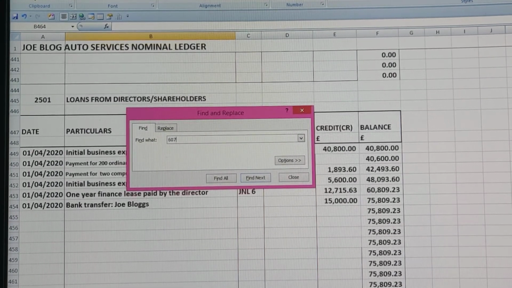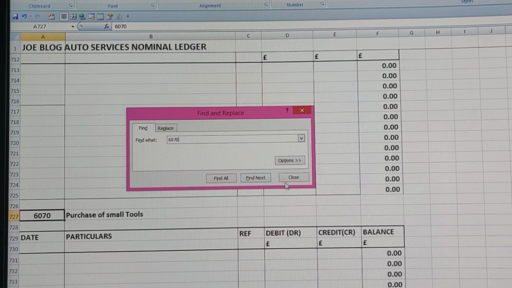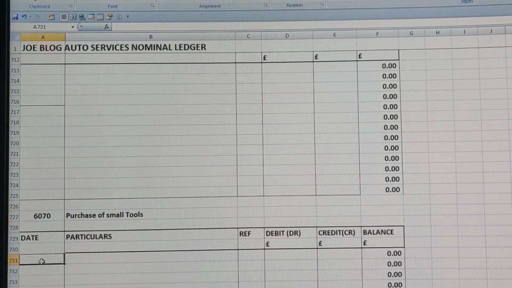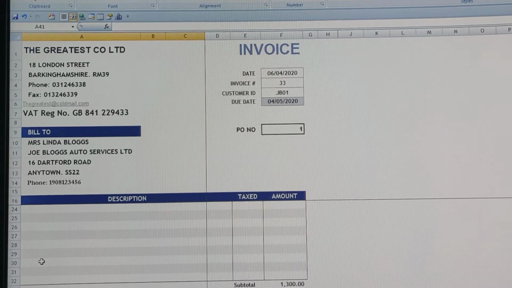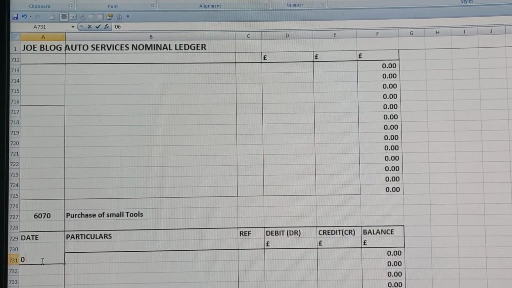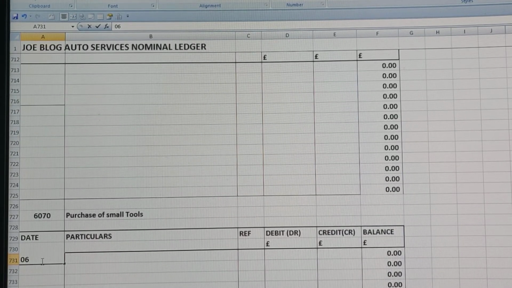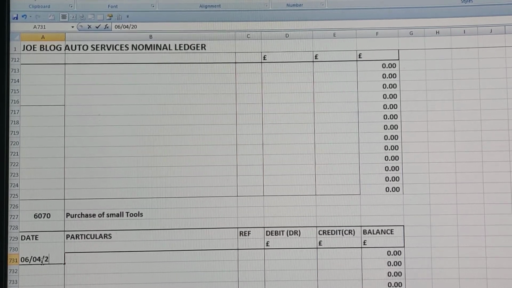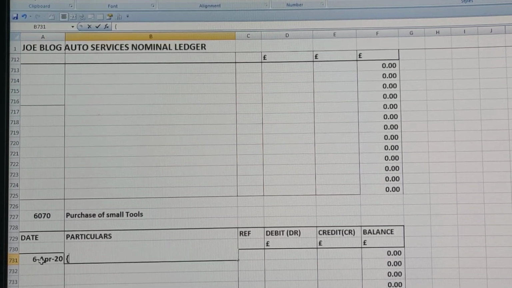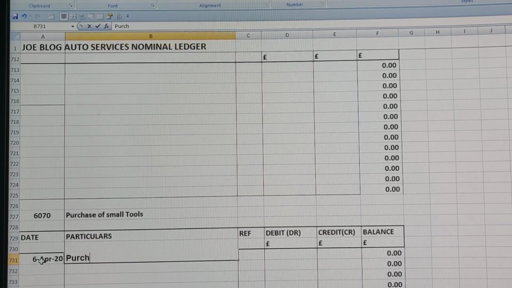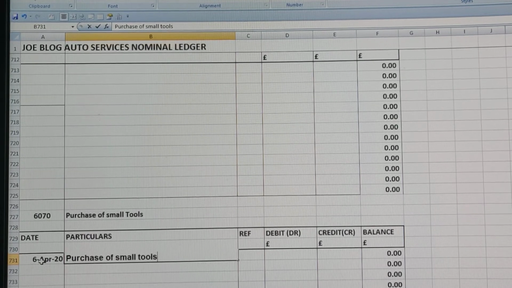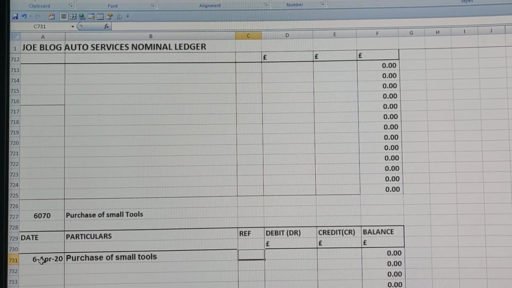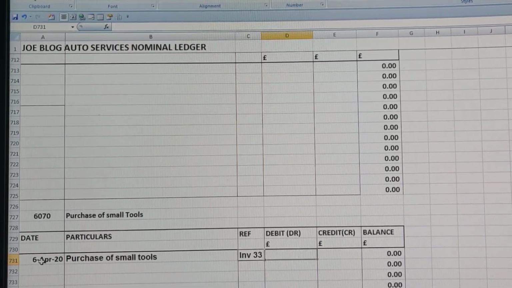Invoice date 06/04/2020, purchase of small tools, invoice 33.